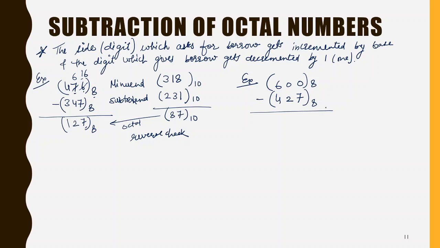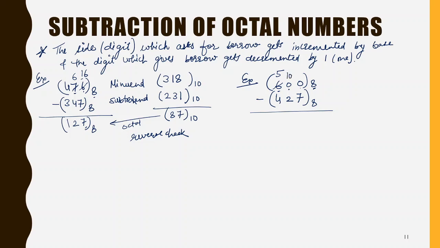Now 0 minus 7 is not feasible, so it will ask for a borrow from the left, but that digit is again 0, so it will not be able to give a borrow, so it will ask from the next one. This quantity gives the borrow, so it is reduced by 1 and becomes 5, and this quantity receives the borrow, so it gets incremented by the base. It is 0 and gets incremented by 8, so it becomes 8, which we write as 10 in octal.